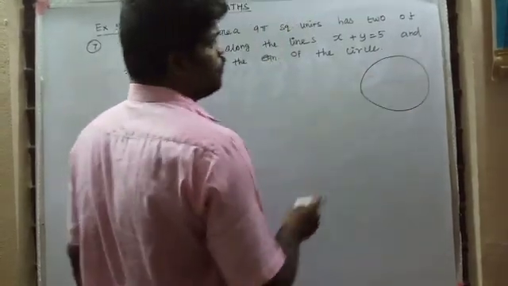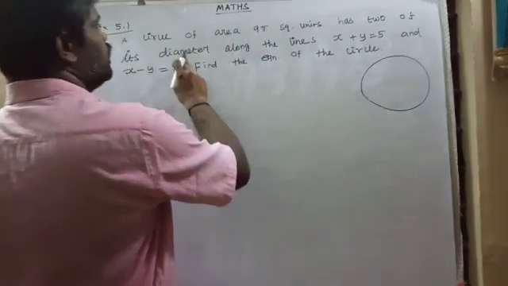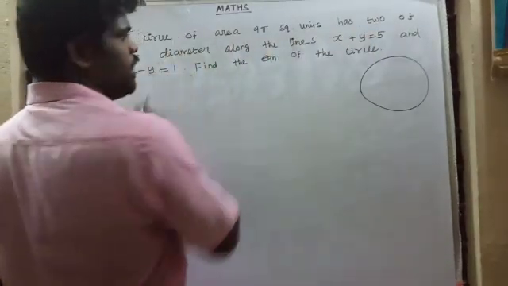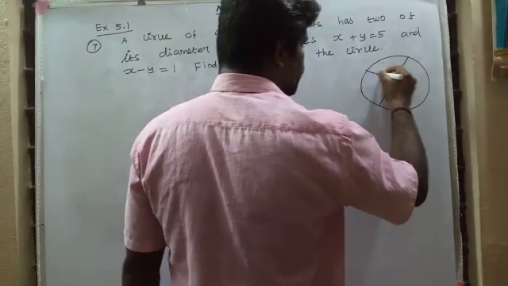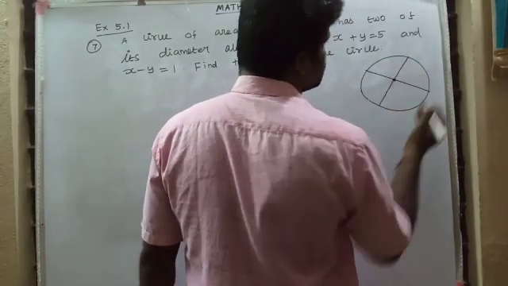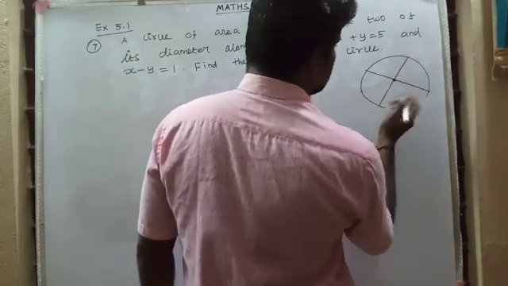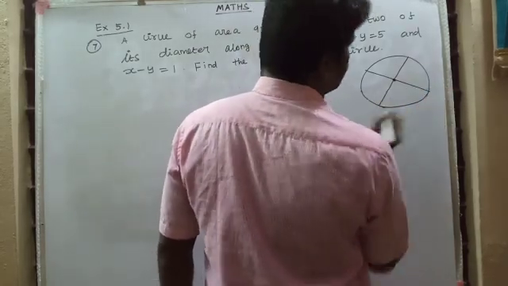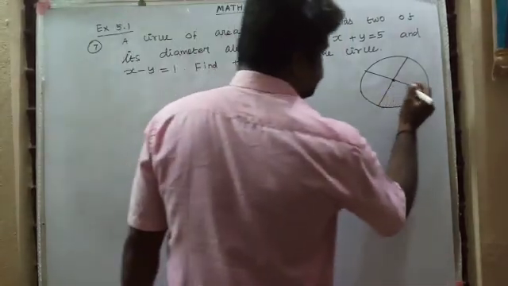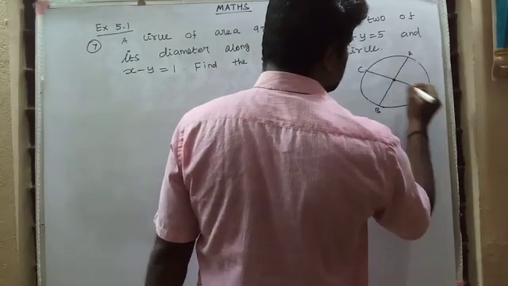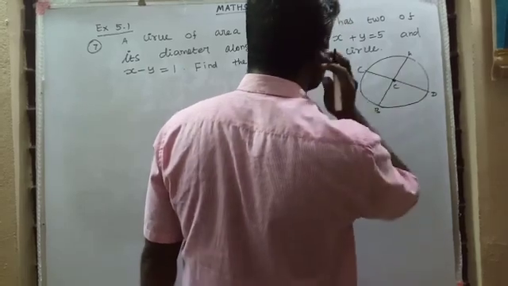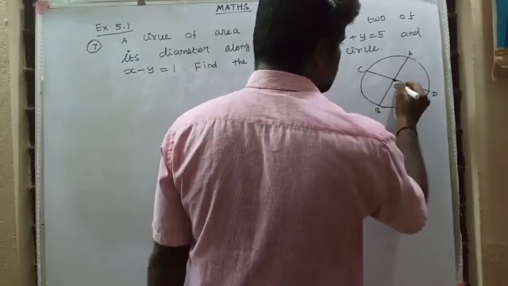This is the circle. This circle has the two lines as diameters. This is one line and this is another line. This is the center of the circle. So this is AB and this is CD. This is the center, small c.